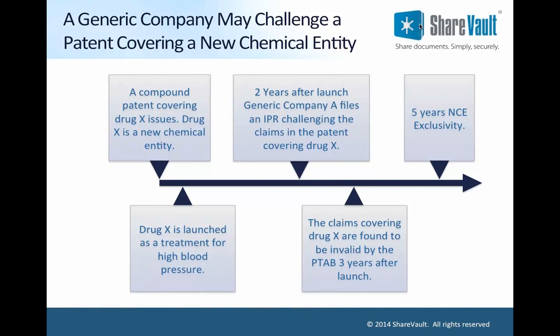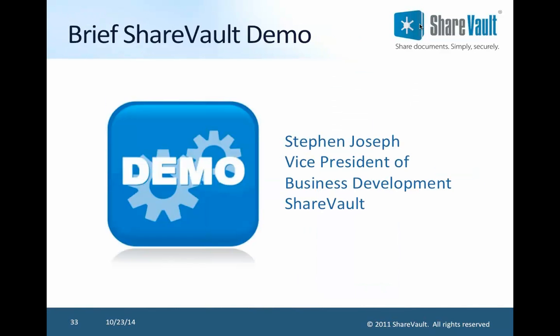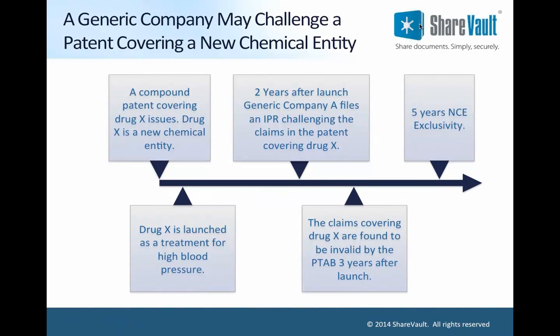It means that a brand name company needs to protect themselves if they don't want to have their patents challenged by an IPR, and the generic companies should be aware of how these things will play out. So that is the summary of my talk. So thank you very much.